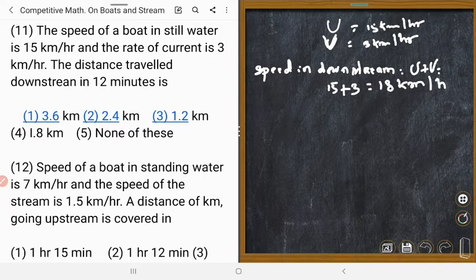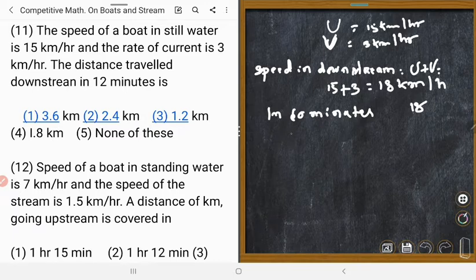The distance traveled downstream in 12 minutes. Could you understand? In 60 minutes, the distance covered is 18 kilometer.